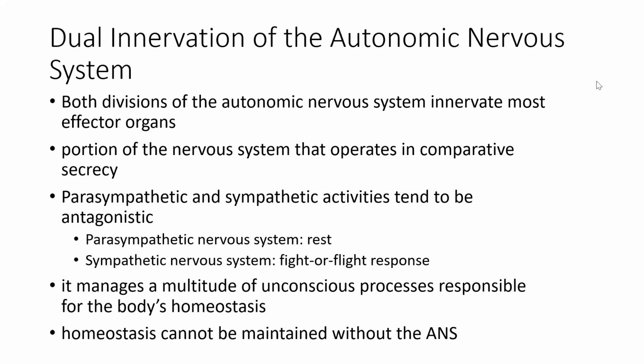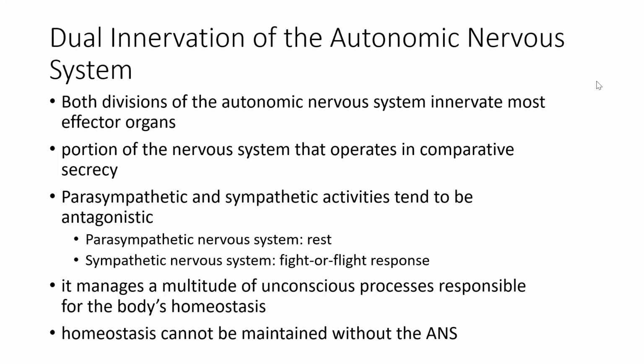When I'm fleeing from a threat, again, there's still influence on my heart rate, but the influence is going to be to speed up heart rate. So we have this idea of comparative secrecy where, although it's two different divisions and two different types of function, it's really the same glands and the same organs that are being controlled, but it's two different divisions having different influences on the exact same glands and organs.